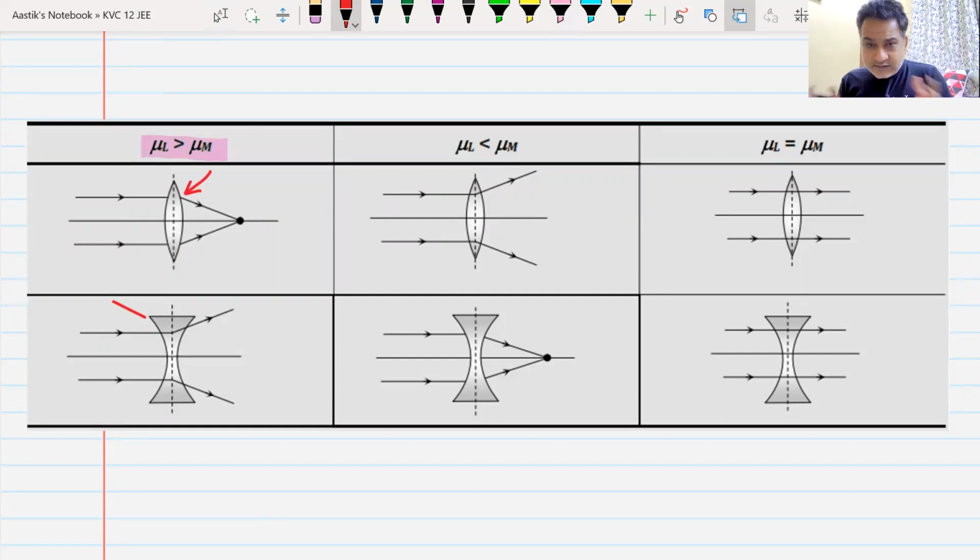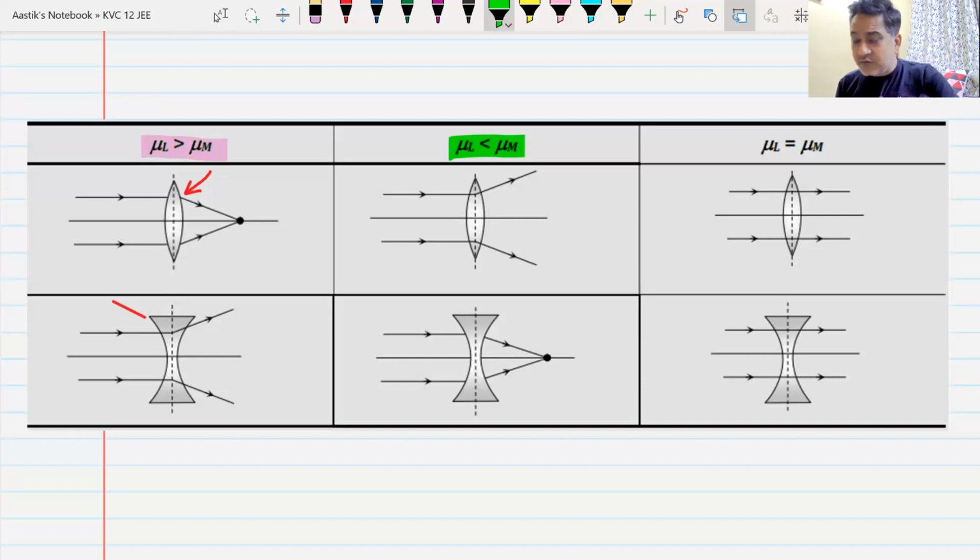If a lens is kept in air, or the refractive index of that lens is more than the medium, convex behaves as convex and concave behaves as concave. But if I do the opposite, and put it in a medium where the refractive index of that lens is less than that of the medium, that denominator becomes negative.